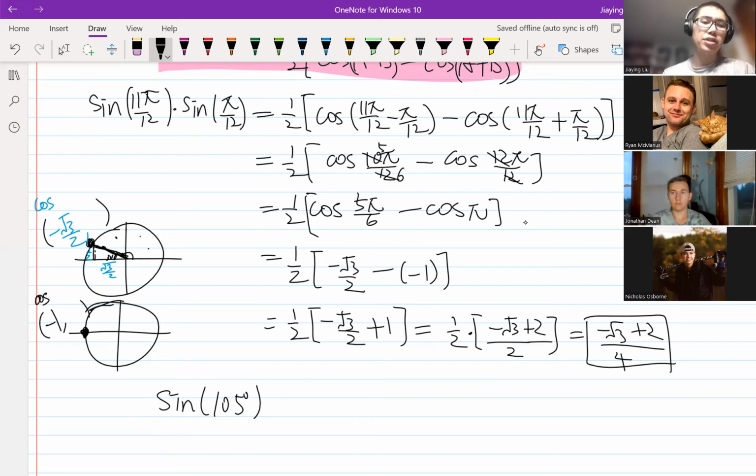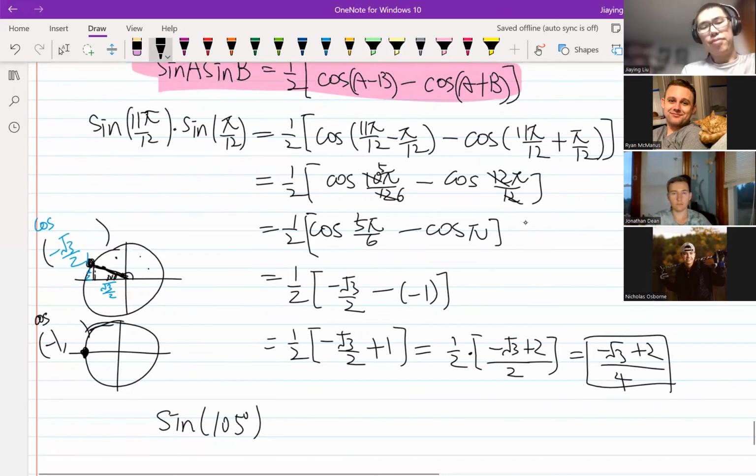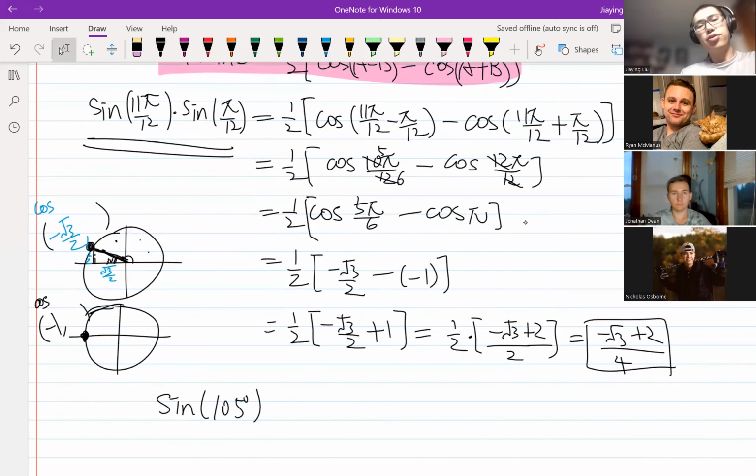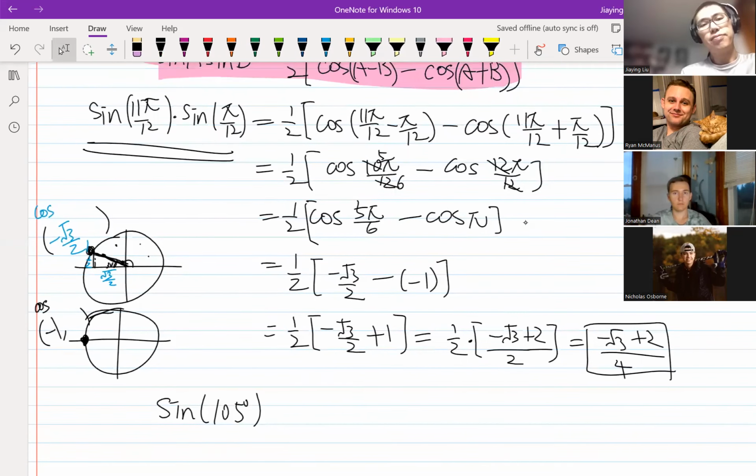That's 15 degrees. So I was just thinking, for a different approach to this problem, suppose you were just given this, you don't know what to do, right? Because it's a product. You can try separating each angle, because pi over 12 is 15 degrees.